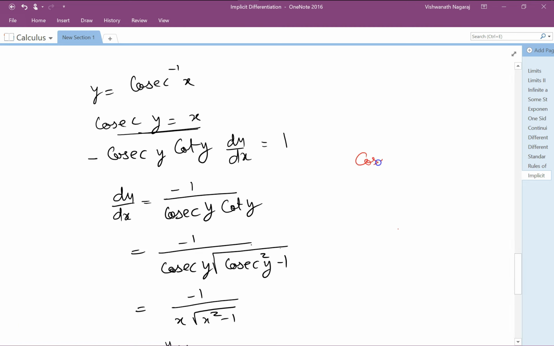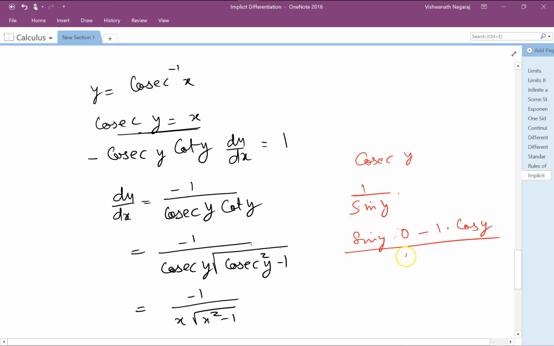Say cosec y, this is nothing but 1 by sin y. Now do the differentiation of this using the quotient rule. So sin y times differential of the numerator, which is 0, minus 1 into differential of sin y, that is cos y, divided by sin square y.